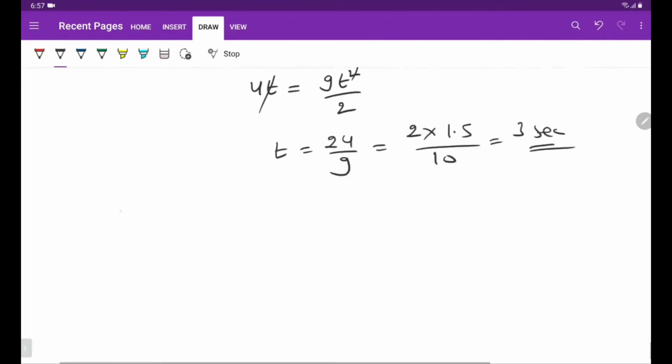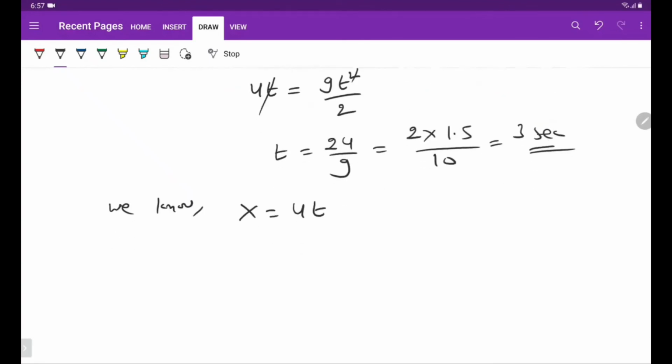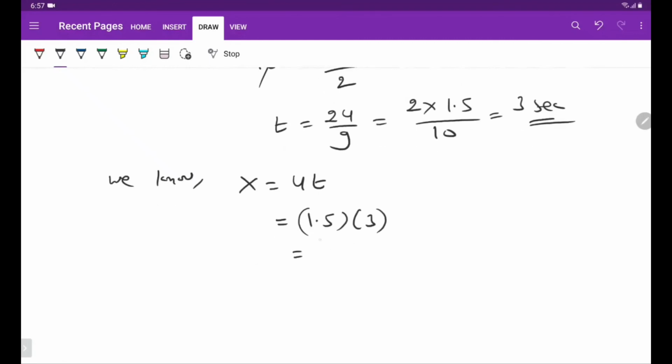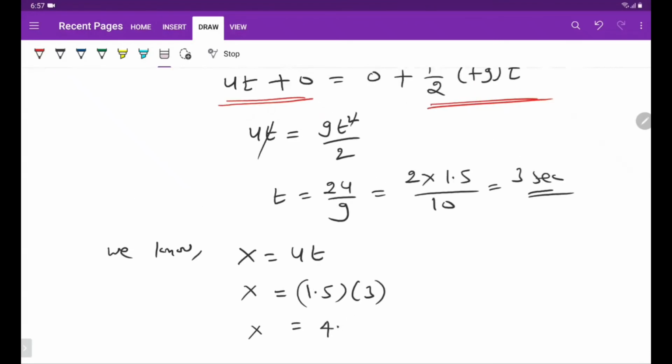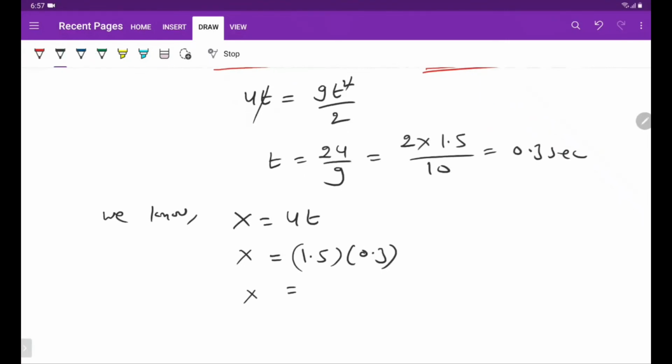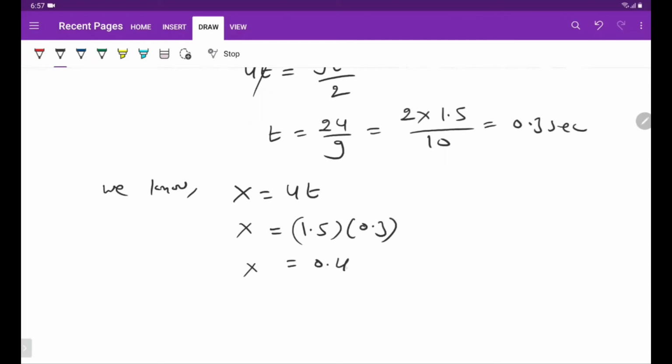The time we know, and u also we know: u is 1.5 and time is 0.3 seconds. Solving this, x is equal to 0.45 meters.